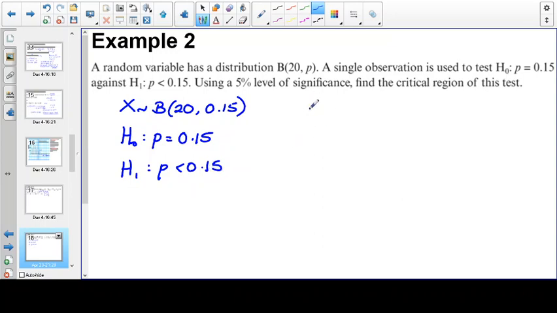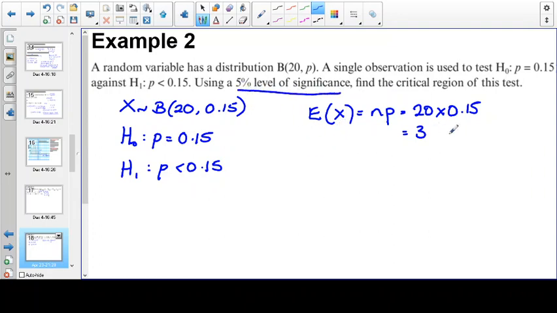We can work out our expected value. That's going to be np, so 20 times 0.15, which is 3. So the expected is 3. So we need to work out what number less than that is going to give us our critical value.